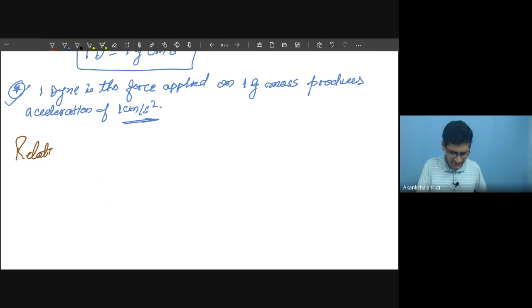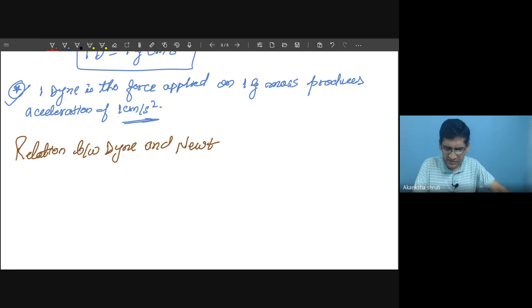So write the relation between dyne and newton. So what is that relation? So this dyne is denoted by 1D, and Newton by 1N, but this 1D is our 1 gram centimeter per second square.